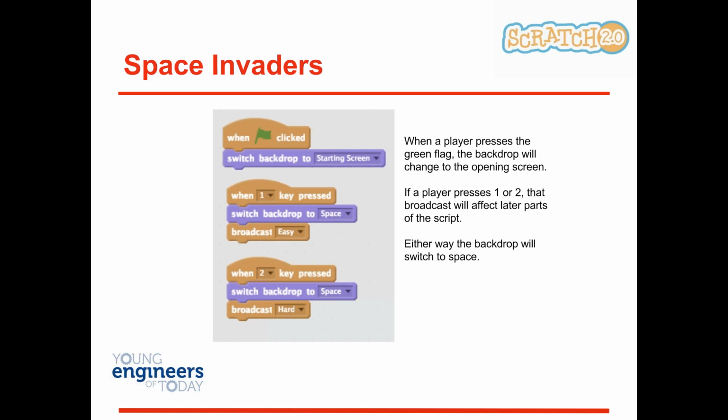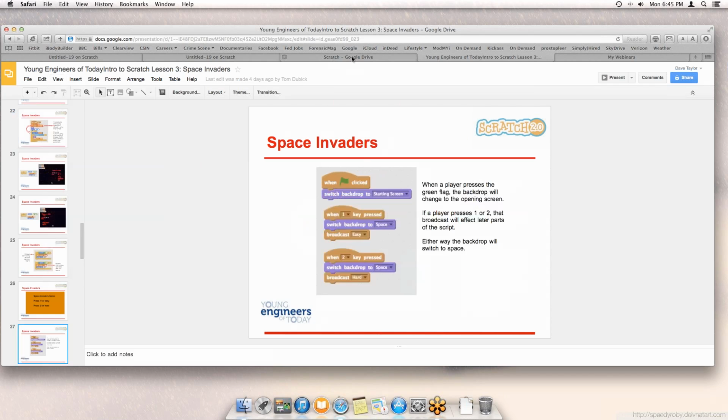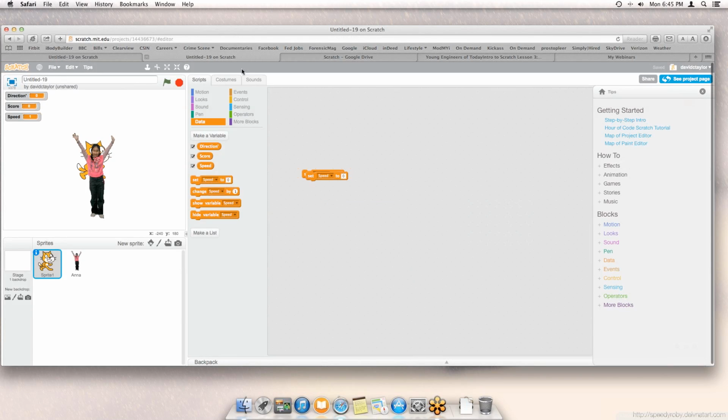Yes, Marissa, you have your hand raised. What screen is this supposed to be on, or do we click on backdrop? This is your backdrop. Here, I'll show you, Marissa. You're on a Mac, right? Yeah, I'm on a Mac. My dad just got a Mac today. Oh, awesome. Very cool. Basically, one way you can always tell, Marissa, that you're on a backdrop is that the highlighted area will be the stage and not a sprite. You see the difference?